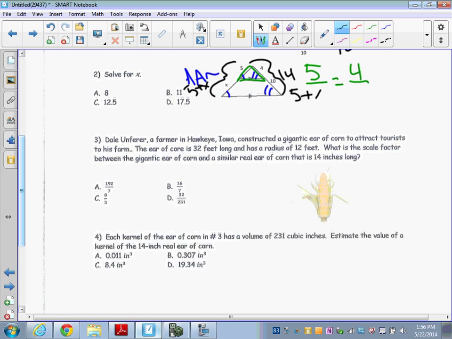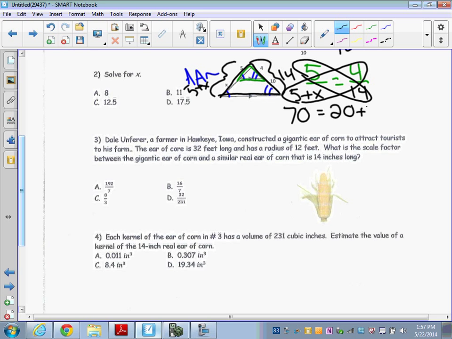So I'm going to put 5 plus x and 14. So that's the whole triangle. Whenever I cross multiply this, I'm going to get 70 is equal to 20 plus 4x. Whenever I solve for it, I will get a final answer of 12.5.